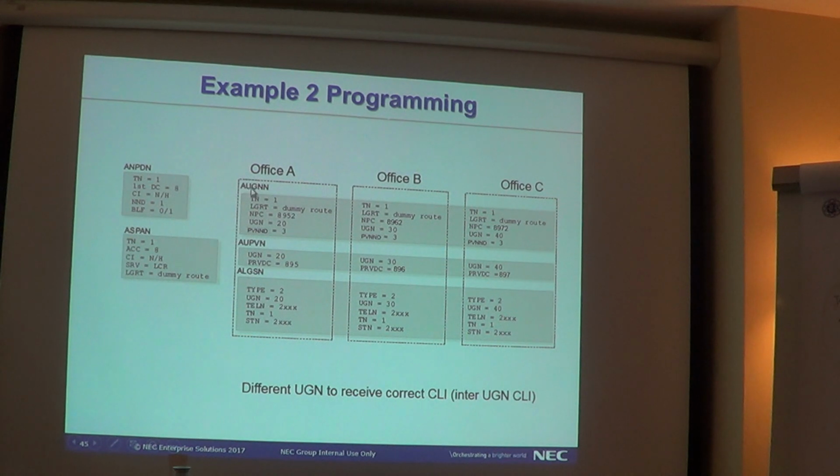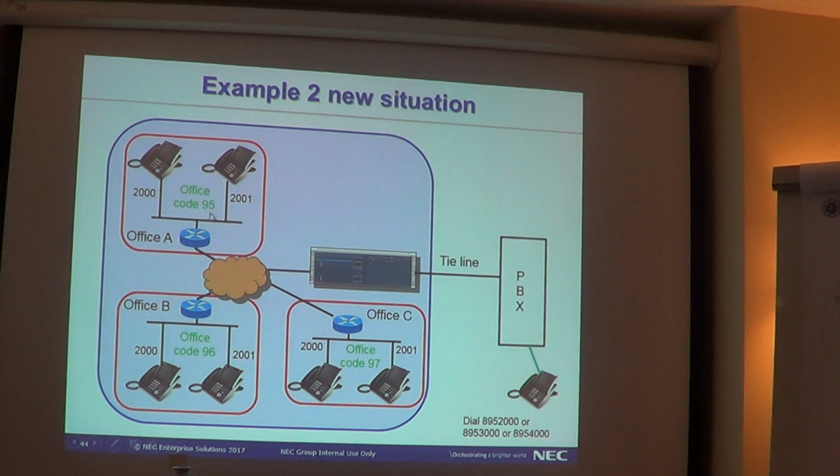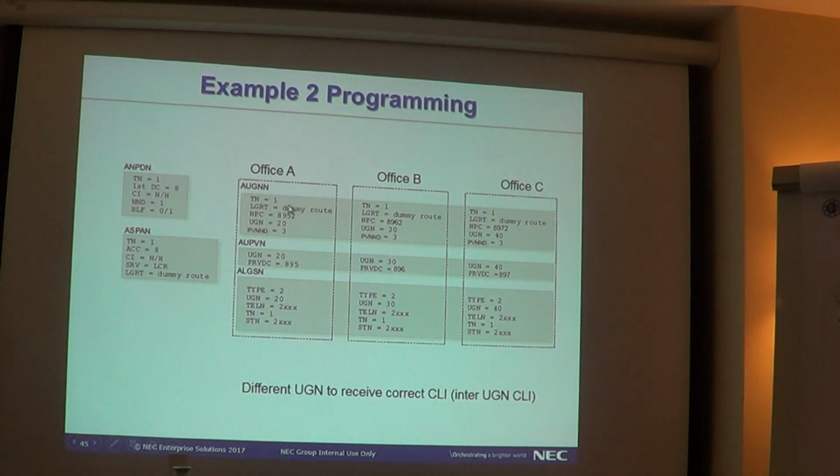In AUGNN assignment, I have defined my dummy route to go with 895. 895. 8 is the access code for the offices. 95 with user group number 20. 892 with, again, user group number 30. 897 for user group number 40. And I said, this is the relation with my group, and this is the relation of my group, and this is the relation of my group, then the ALGS.